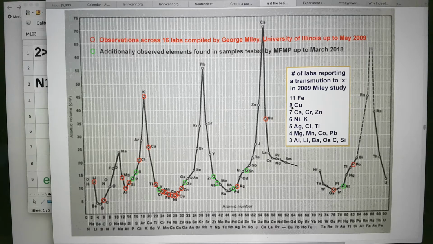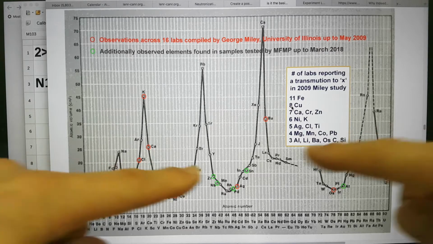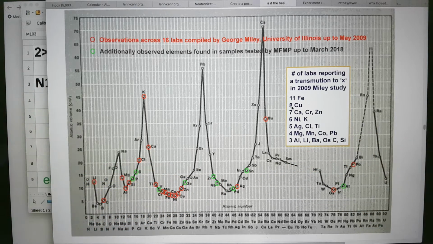And I want to put it into context with this table that I found in this old Soviet encyclopedia referenced on the web that I included in one of the recent STEAMIT presentations for the MFMP.